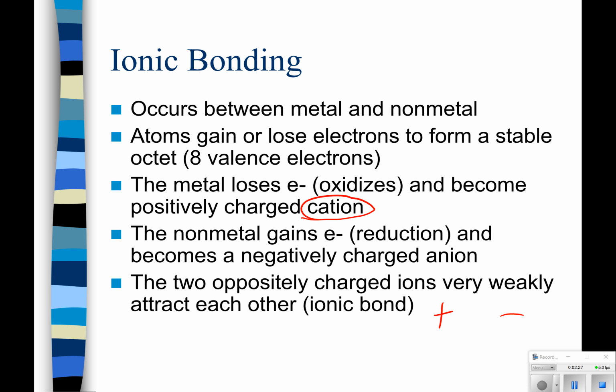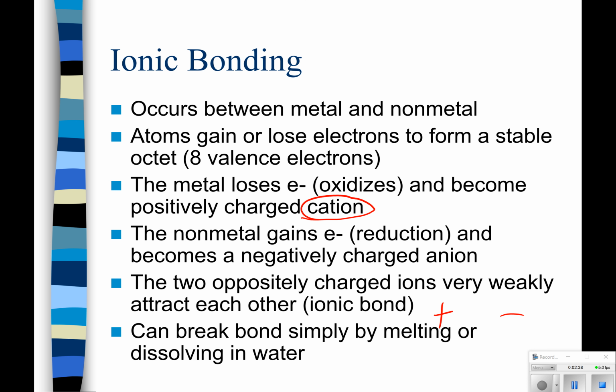And we know that opposites attract, so these two oppositely charged ions are going to be attracted to each other because of that exchange of electrons. And this is what we call an ionic bond. Now this bond can simply be broken by melting or dissolving in water, so it's not a particularly strong bond.